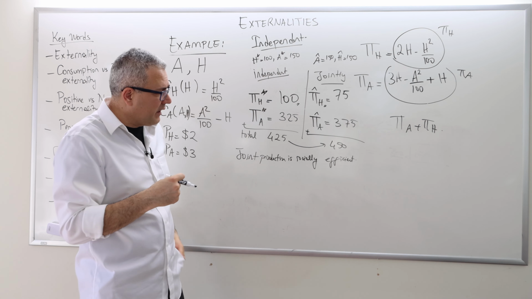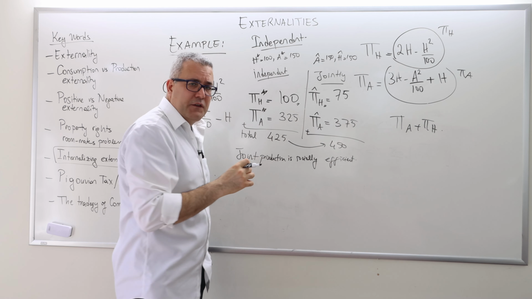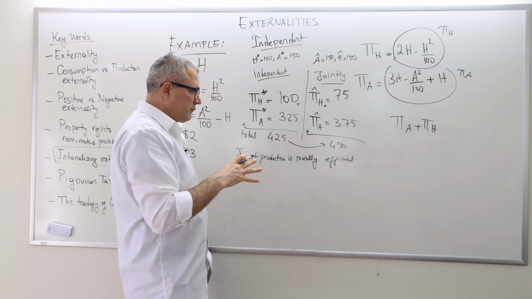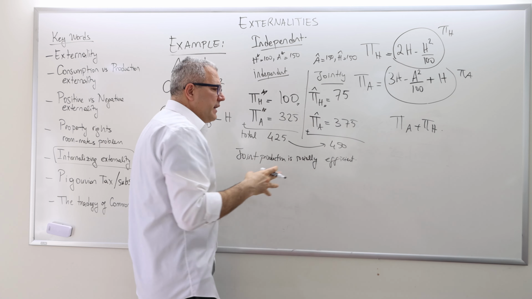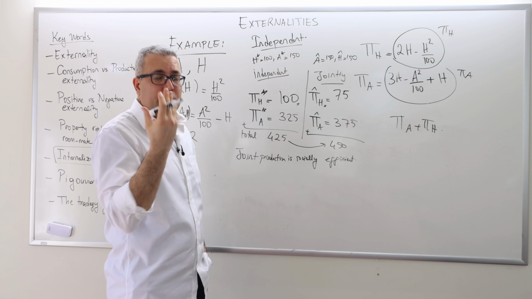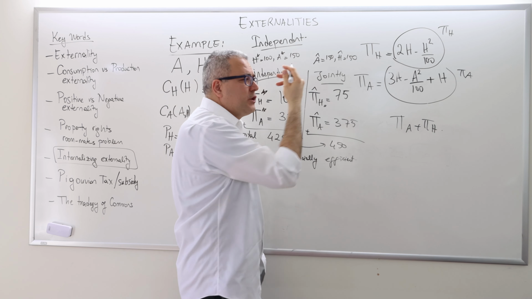Okay, so here's the thing. This is socially efficient and it is a Pareto improvement because, well, first of all, these are not two independent firms when we think of joint production.